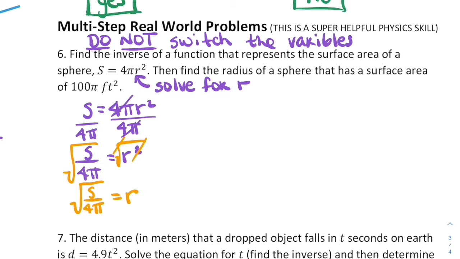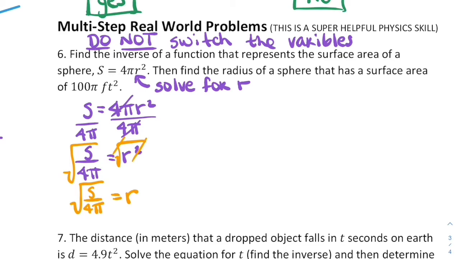Now let's think about that for a second. Normally at this point we would put in a plus and a minus in front of that square root sign, because when we take the square root of both sides we have to account for positive or negative values. But does it make sense to have a negative radius? Remember, radius is measuring a length. It's the distance from the center of a circle to the outside of the circle. So it makes no sense to have negatives.